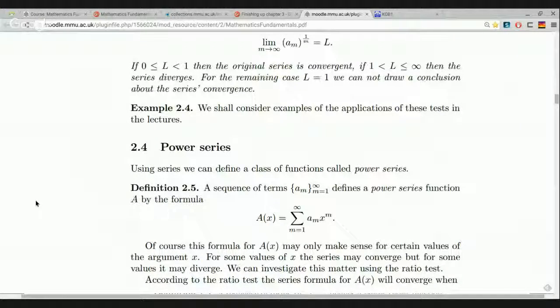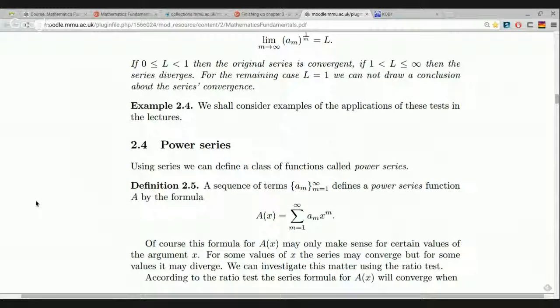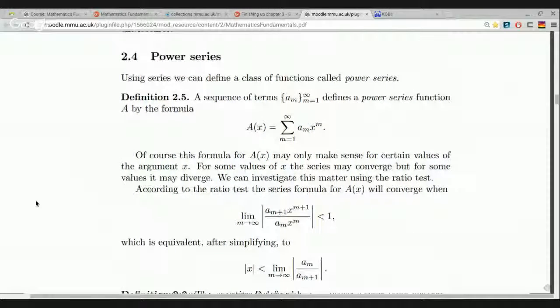So I think I'd mainly like to spend the time now this afternoon doing some examples, but we'll just quickly look at an important class of series. Now we'll be coming back to these. These are called power series. We'll be coming back to these when we're doing the calculus in term 2, when we're looking at the derivatives of real valued functions.